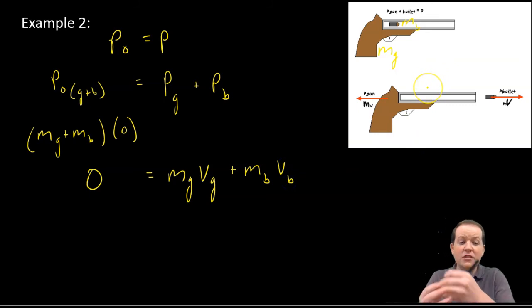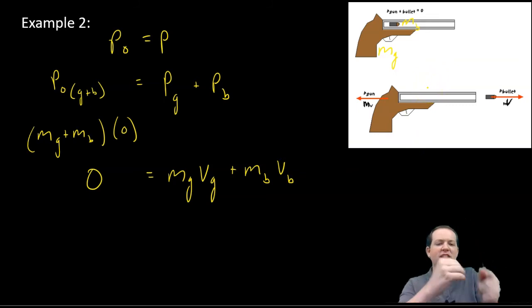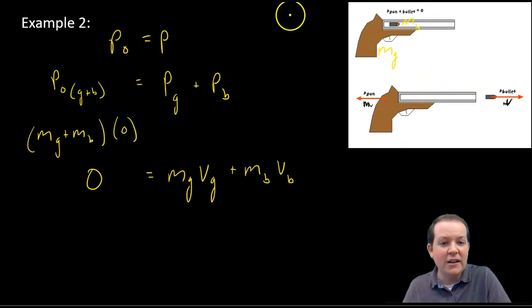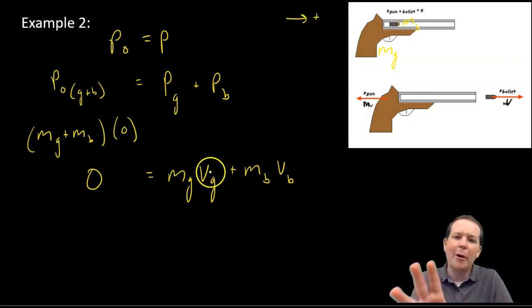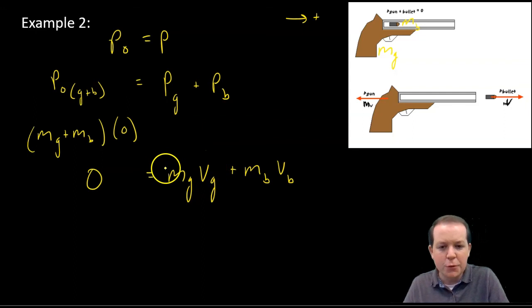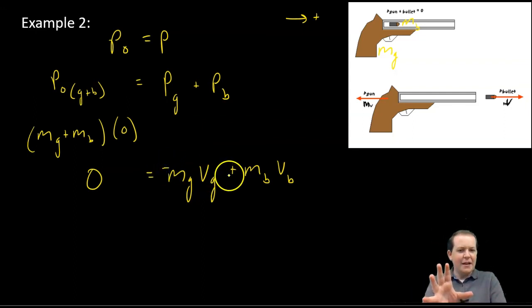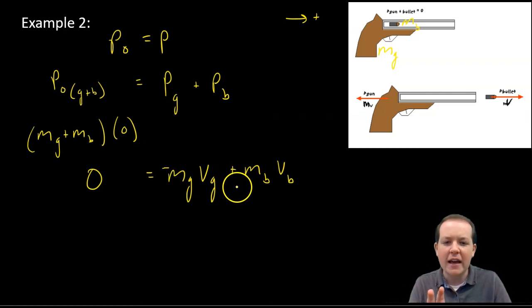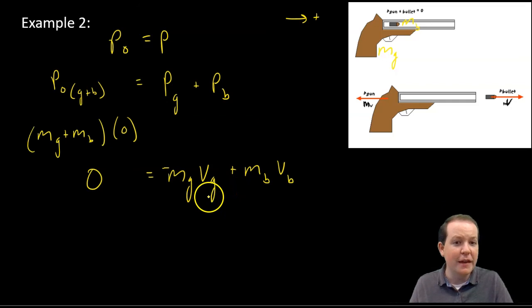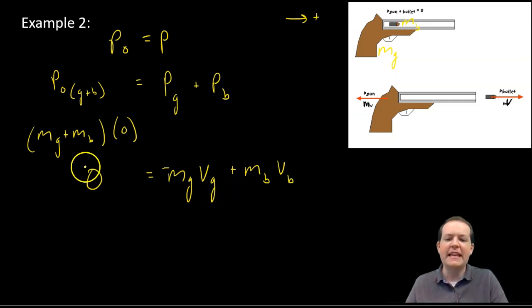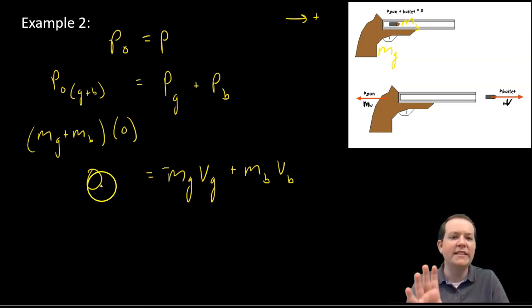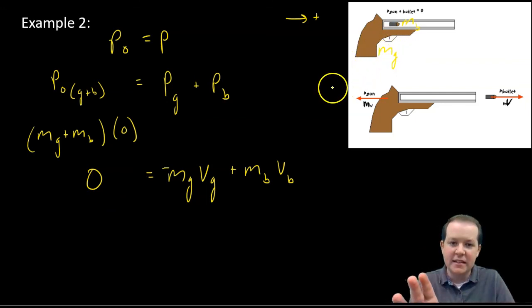Now, the gun is going to be moving backwards to the left. So if I do my classic rightwards is positive, I know I don't have a number to plug in, but this would probably be a negative value. And if you notice something, this is actually showing why, in fact, the gun has to go the other way. Stay with me. The initial momentum was 0 because both these objects started at rest.